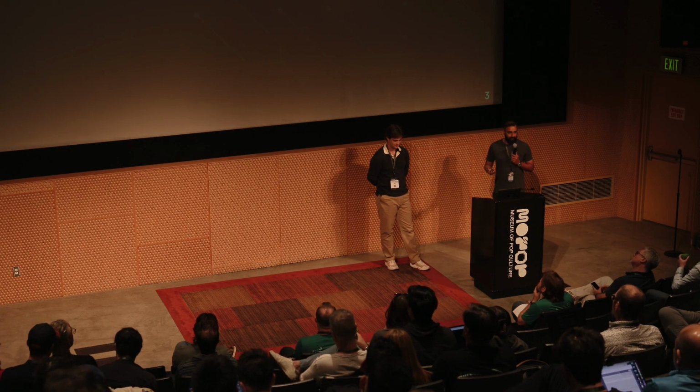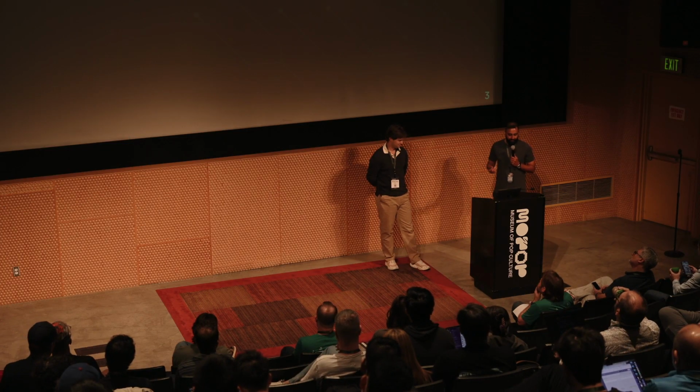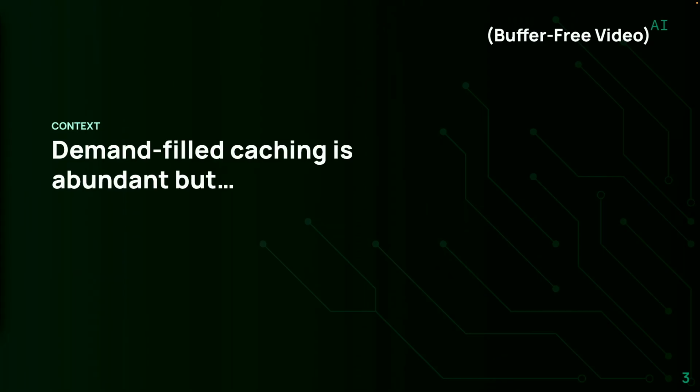So a lot of people in this room might be familiar with demand-filled caching. It's a popular pattern. And a quick level set, demand-filled caching is the dominant pattern in our industry. It is the right answer for a huge swath of workloads, and we even run it at scale within Netflix. It powers around 500 million operations per second.